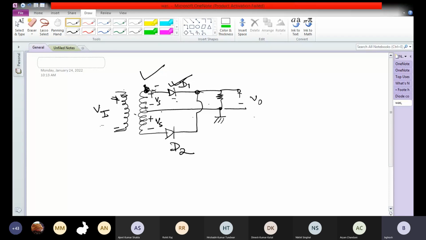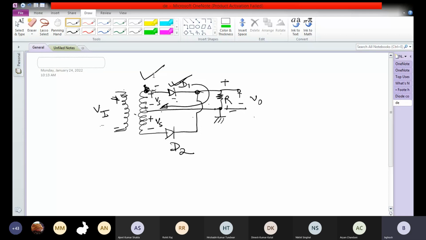When D1 conducts, the voltage across this resistance will be of this polarity, because D1 conducts and the current returns here through the conduction path.